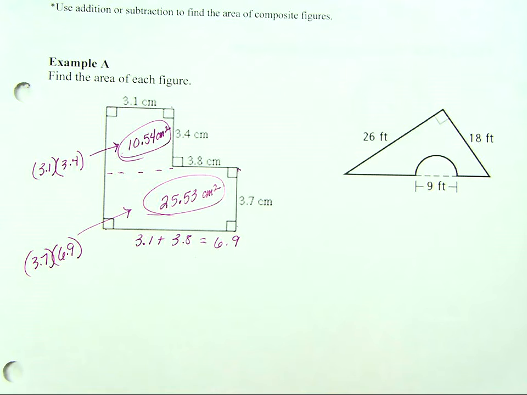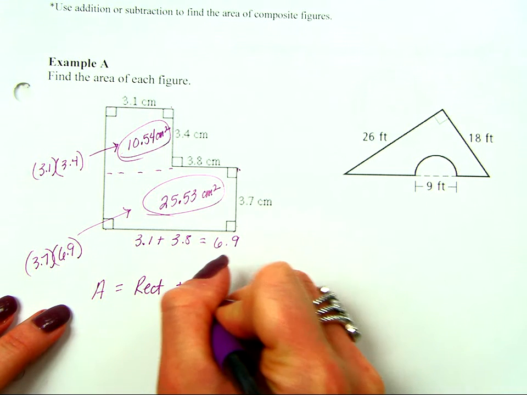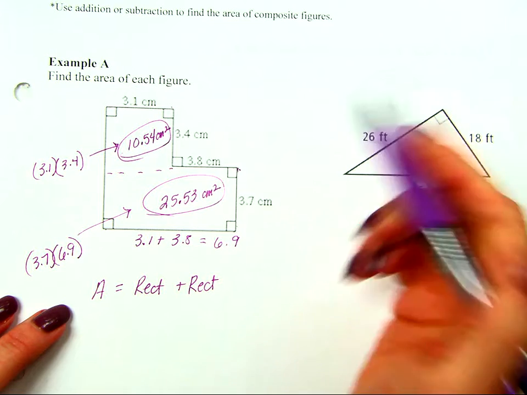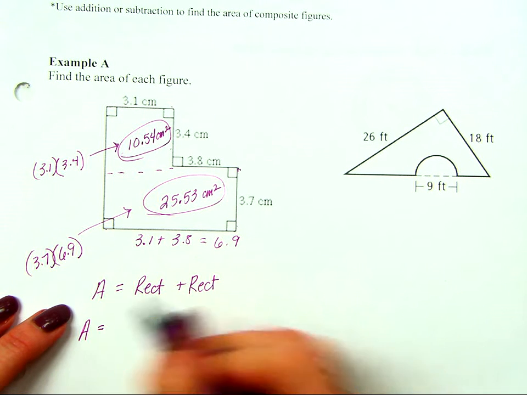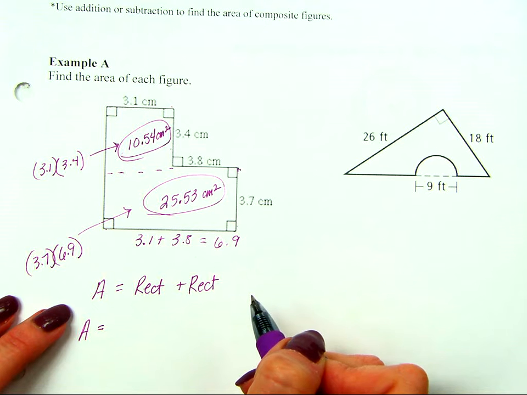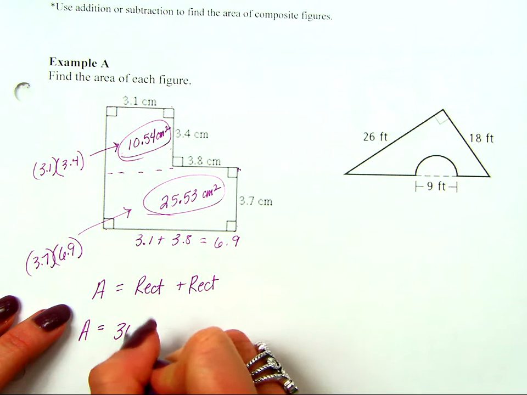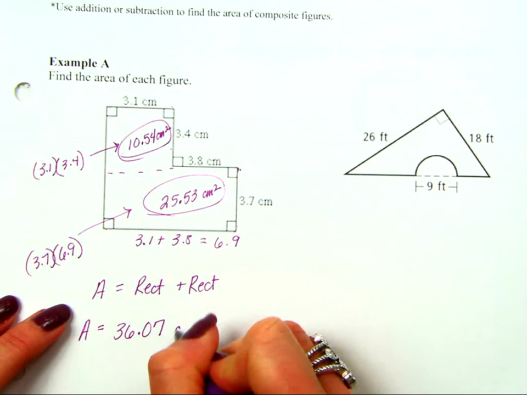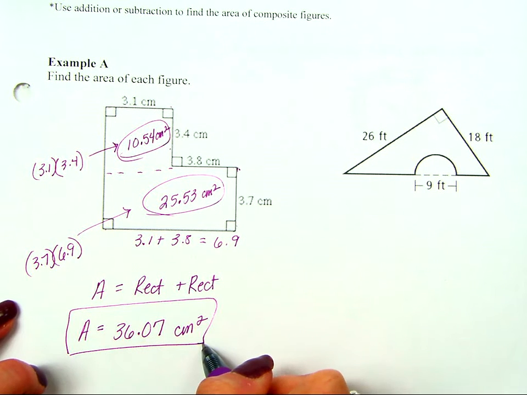We know that if we're going to find our area, we're going to take our rectangle plus our rectangle. We need to add one region plus the other. And in our case, we're going to add our two numbers together. We would find that we would get 36.07 square centimeters. And again, labeling our answer is important.